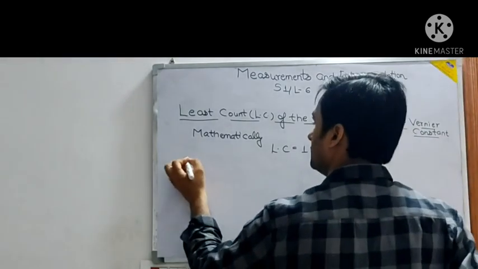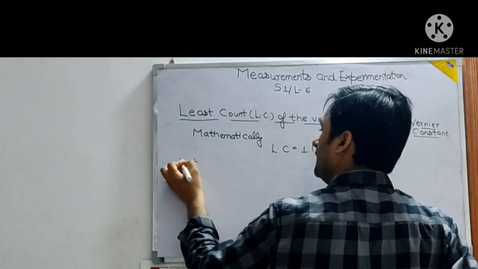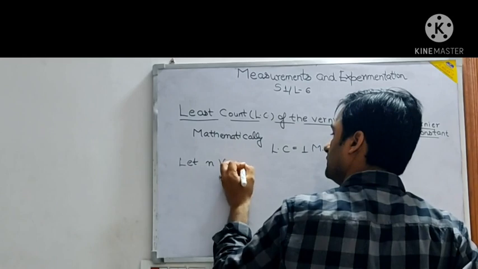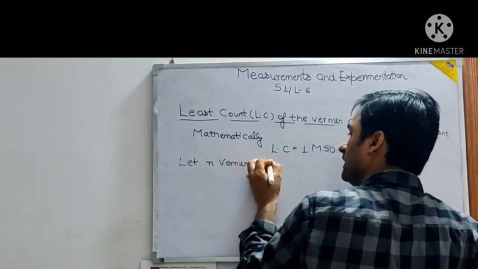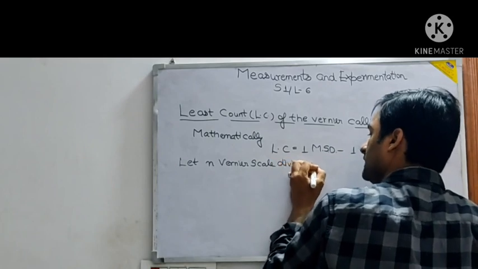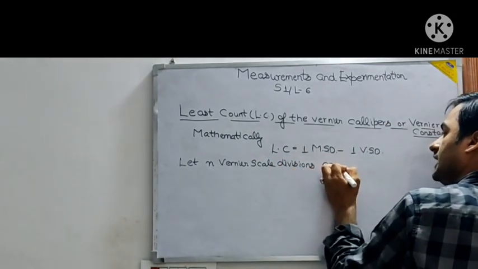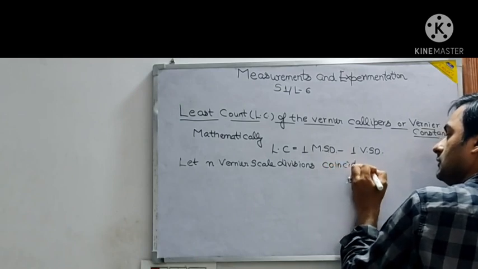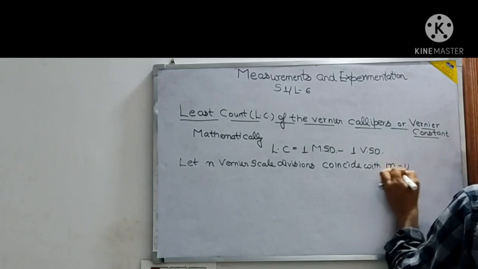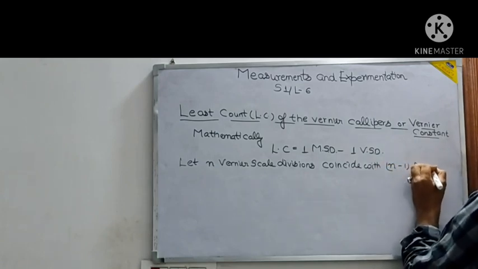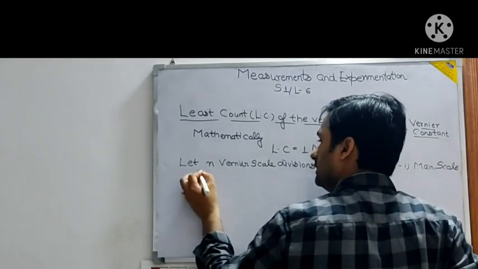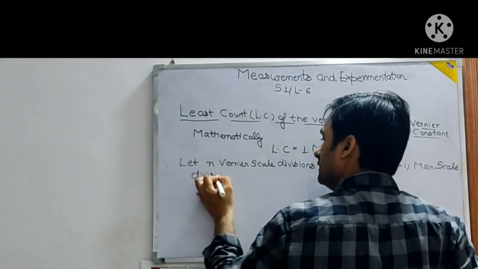And you already know, but still, let n vernier scale divisions coincide with n minus 1 main scale divisions.